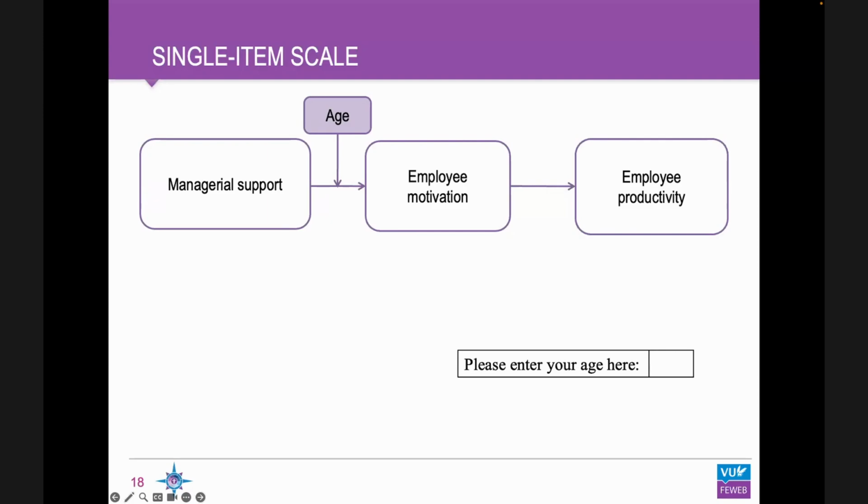So do you expect these items to be highly correlated, or maybe the correlation should not be high? Any answers?